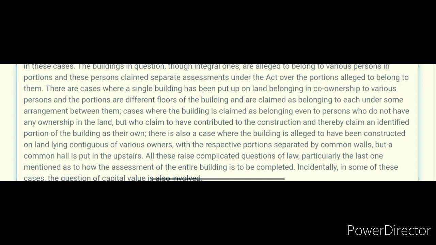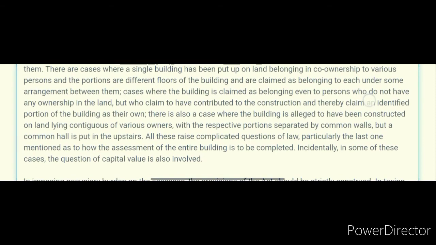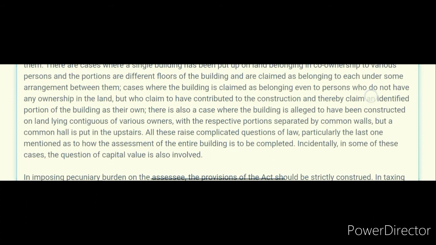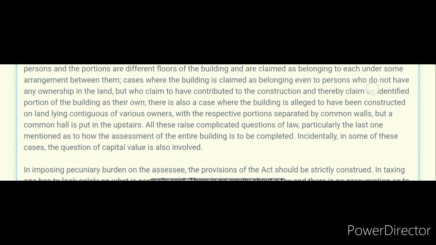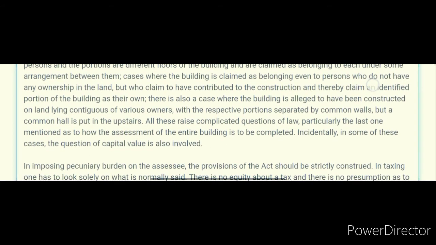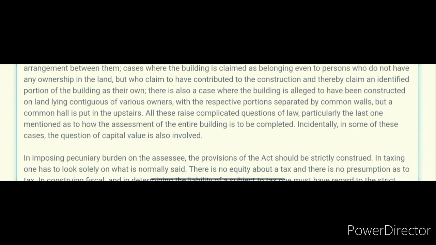There are cases where a single building has been put up on land belonging in co-ownership to various persons, and the portions are different floors of the building and are claimed as belonging to each under some arrangement between them. Cases where the building is claimed as belonging even to persons who do not have any ownership in the land, who claim to have contributed to the construction and thereby claim an identified portion of the building as their own.